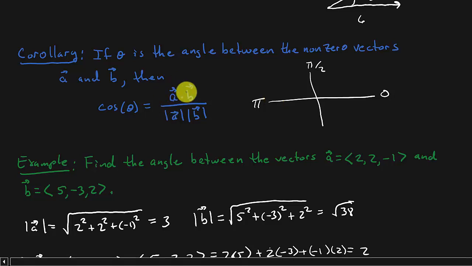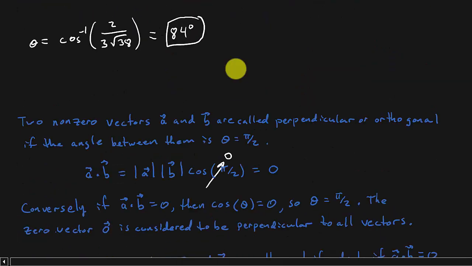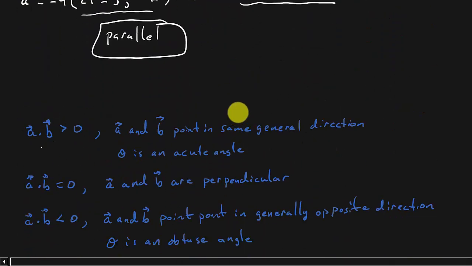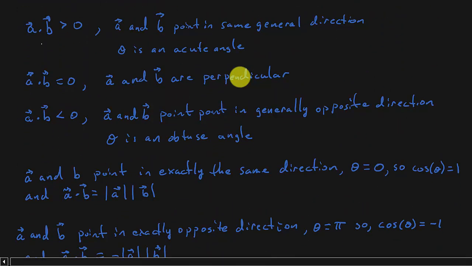So if this is positive, then your angle is going to be in the first quadrant between 0 and 90. But if this is negative, then you're doing the inverse cosine of a negative number. Well, here we go. Cosine's negative in the second quadrant. It's going to be between pi/2 and pi. All right. So hopefully that helped you seeing that.